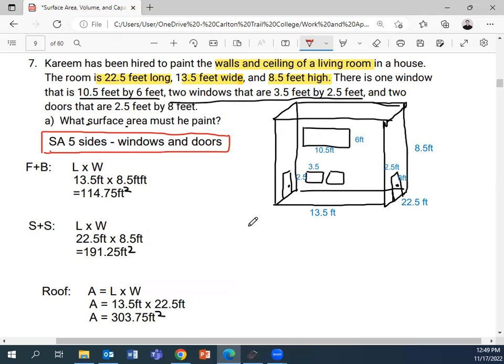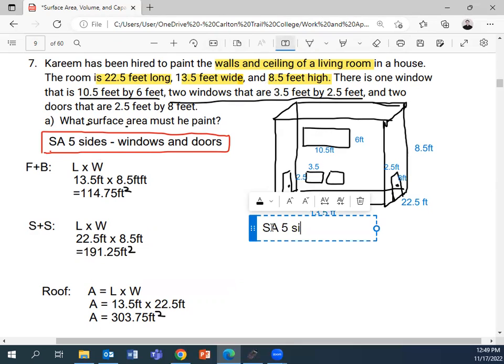Well, the surface area of 5 sides, so SA of 5 sides equals, now does it make sense where I'm getting these letters from? F plus B plus S plus roof? It's the front, the back, the side, and the roof. Again, we're lazy, so we're keeping it short.